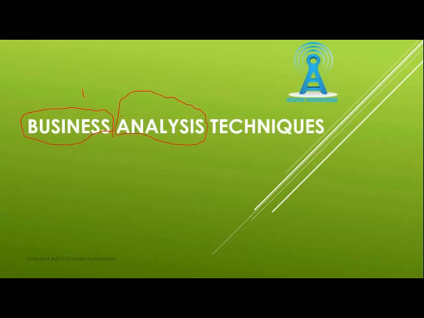So number 1 step is this. Number 2 step, analyze the impact, negative or positive, okay? And then the technique, what are the different ways to use analysis? That is what it is called as business analysis techniques. Let's move on.